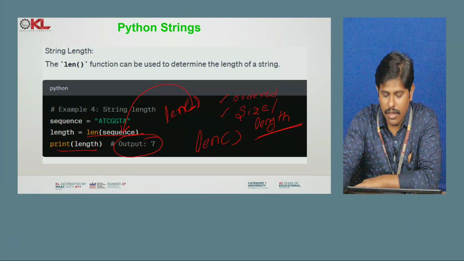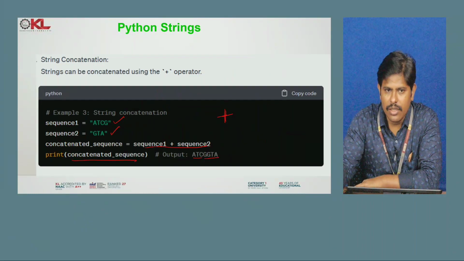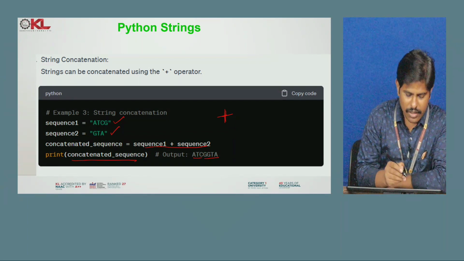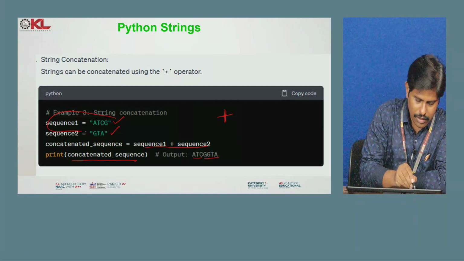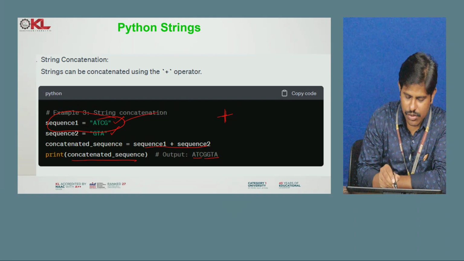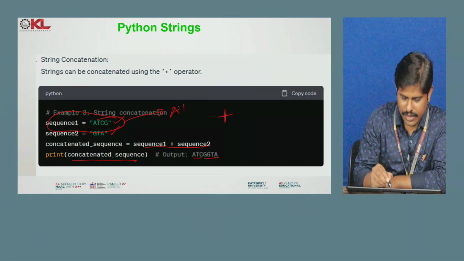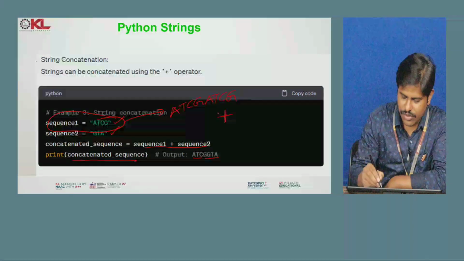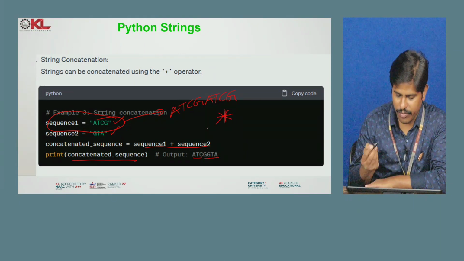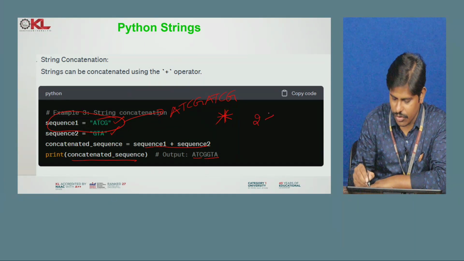And like concatenation, joining the strings, you can also multiply the string. Suppose I have sequence 1 and I want to print this sequence 2 times. I want to say ATCG and ATCG. So I can use the multiplication operator. Suppose I'll say 2 star ATCG.